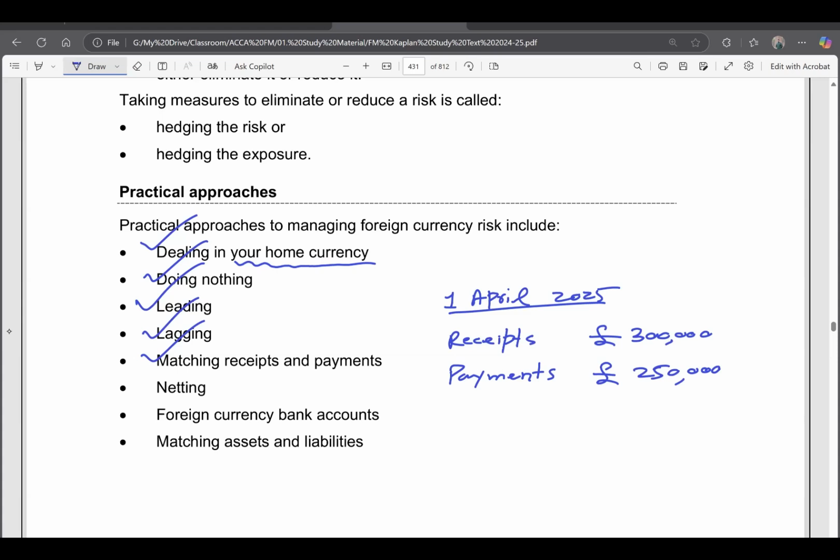Better, whatever amount you receive from the customer, use it to pay the suppliers in the UK. Why would you translate the 300,000 that you receive into dirham first and then convert into pounds again when you have to pay? Better to bring less money to the exchange. The less money you bring to the exchange, the less spread or margin you have to pay, and the less you're exposed to exchange rate risk.